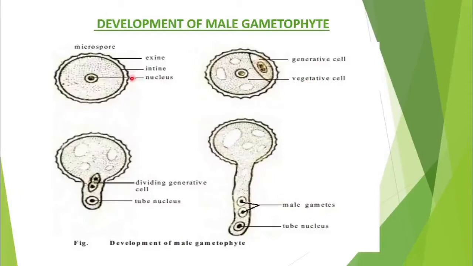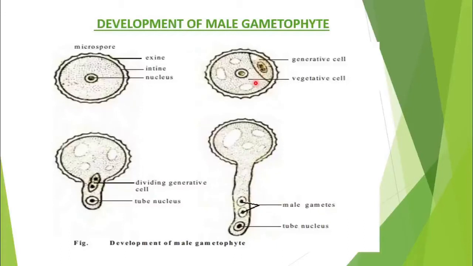So what happens here? The pollen grain undergoes maturation or division and it results in the formation of two types of cell. The smaller cell is called the generative cell. The larger cell is called the vegetative cell.